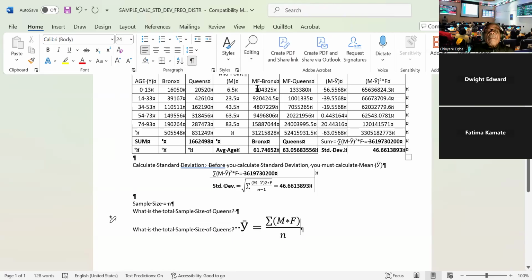So we have M times F for Bronx here and M times F there for Queens, and so we calculate an average.